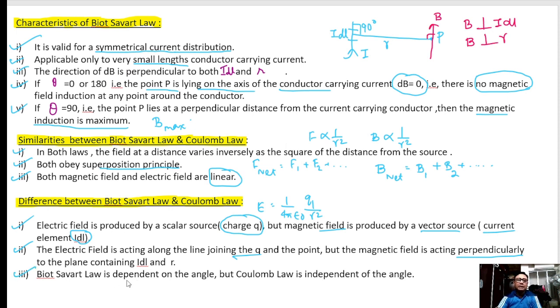Biot Savart law is dependent on the angle, but Coulomb's law is independent of the angle. So that means I can easily tell B is proportional to sine theta, but Coulomb's law is independent of the angle. Clear? Let's see the next one.